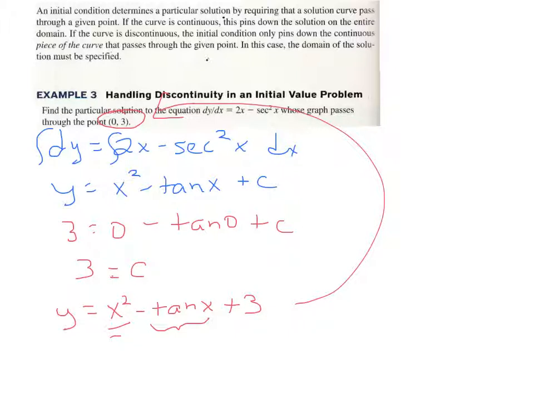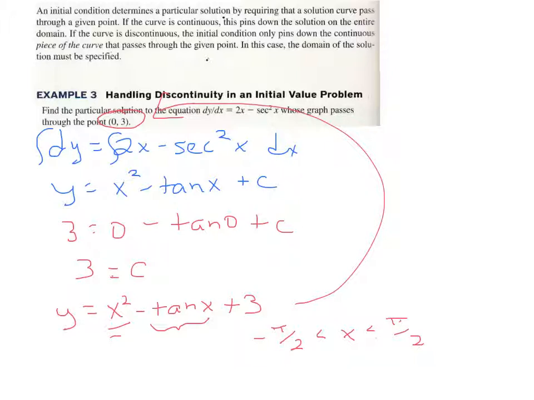So 0 is in the continuous segment for tan x from negative pi over 2 to pi over 2. And I made a mistake. I'm sorry. There should not be equal signs, just less thans, because of the asymptote that's there.